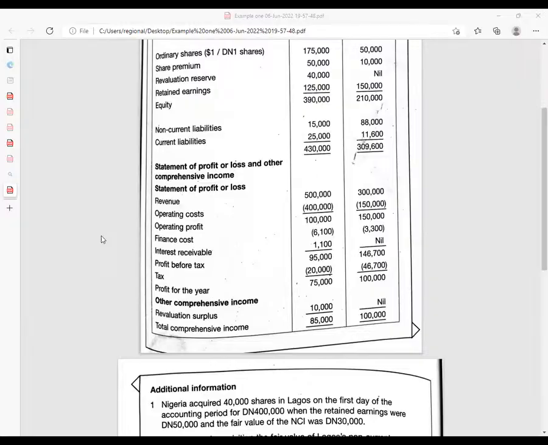And I'll be bringing here the group exchange gain. Very important. Group exchange gain for me to be able to get what we call the total comprehensive income. These I'll get all the marks here.